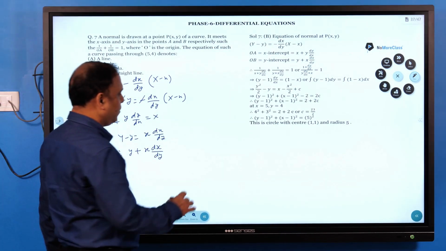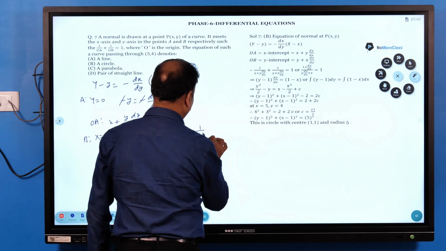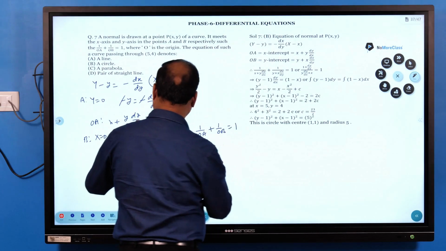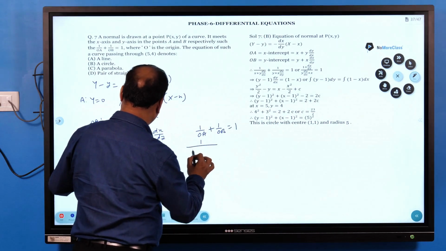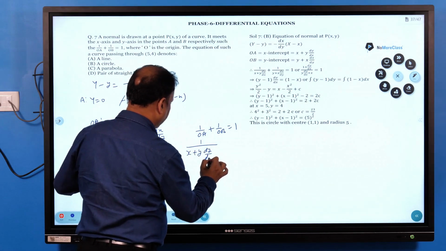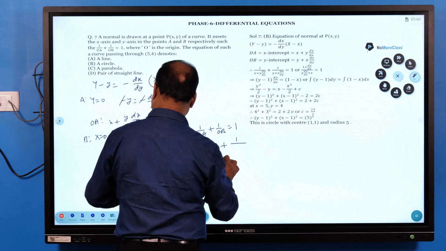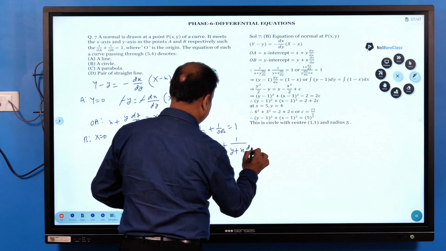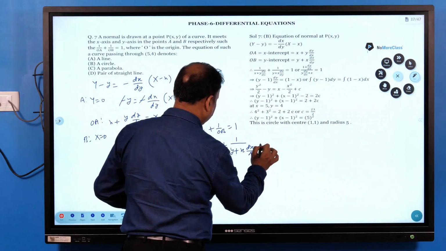What is the given condition? 1 upon OA plus 1 upon OB is equal to 1. So 1 upon (x plus y dy upon dx) plus 1 upon (y plus x dx upon dy) is equal to 1.